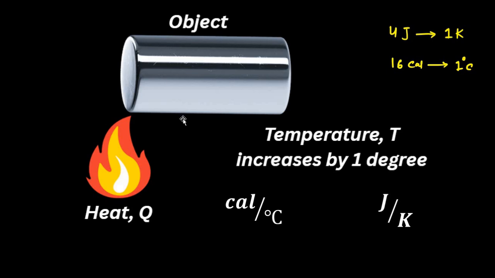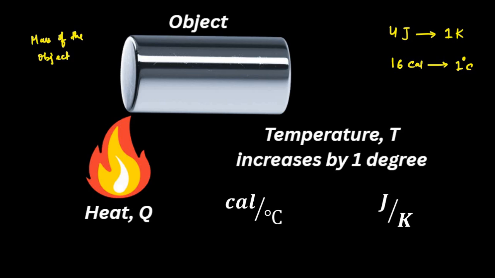So here the mass of the object is not specified. That is an important point. Whatever the mass of the object is, we keep supplying heat and we keep monitoring the temperature. So we see for a 1 degree change in temperature, whether it is in Kelvin or degree Celsius, how much heat is required.